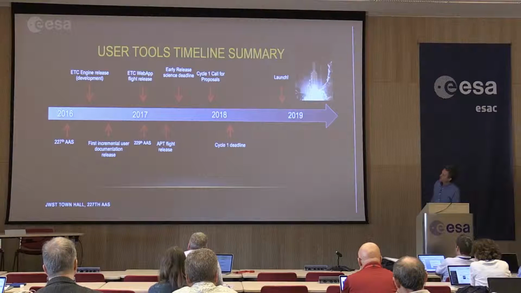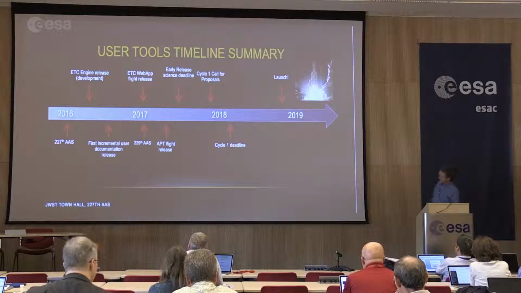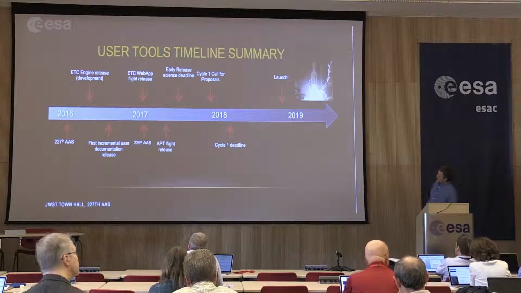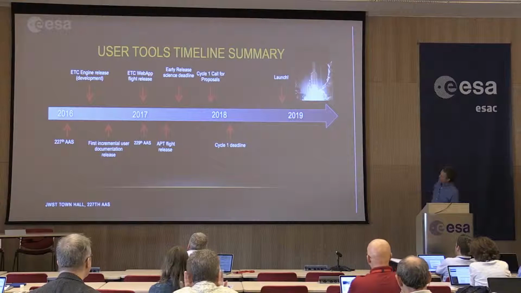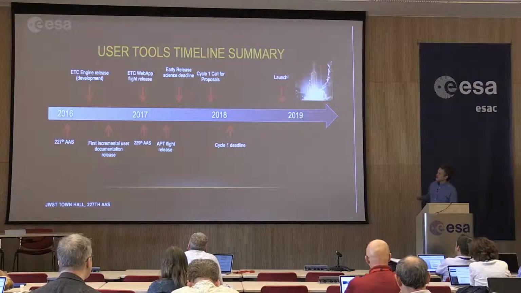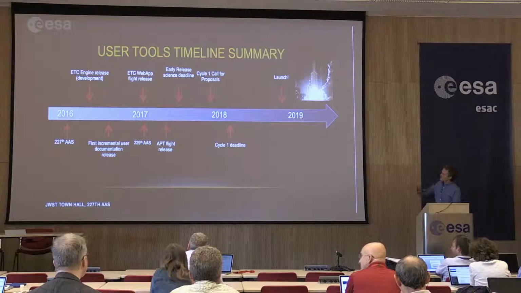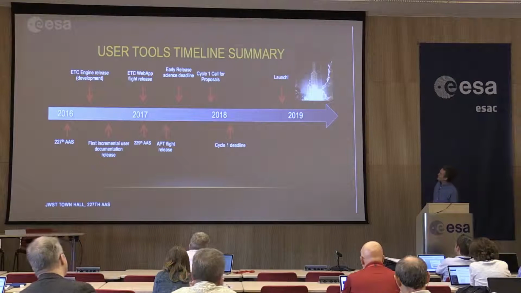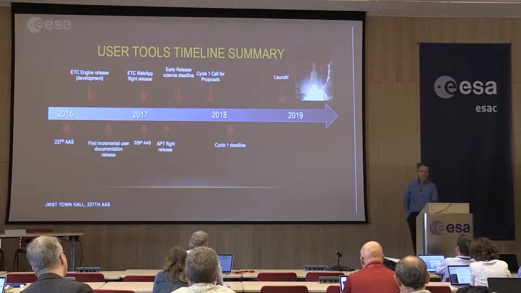There are actually going to be multiple versions of APT coming out before the GEO deadline. A particular one is highlighted there. There'll be three, actually. The one that's being highlighted is the one that would be used for the early release science deadline. And that's actually two releases from now. And then there's a GEO call for proposals and launch and all that. So I'll stop there.